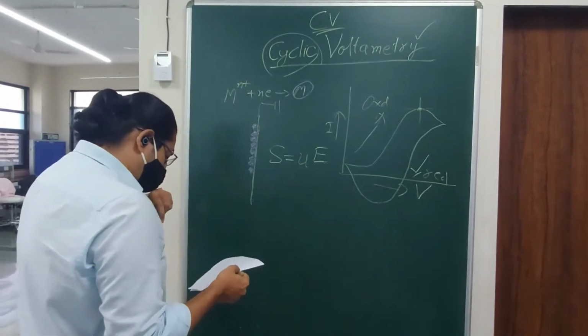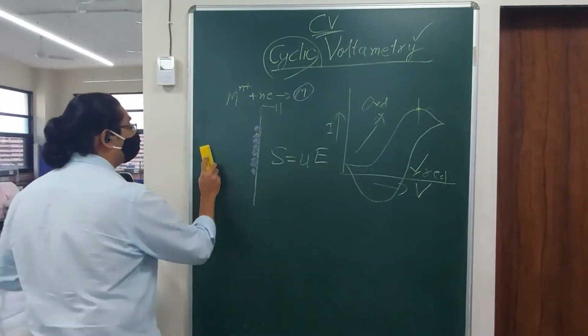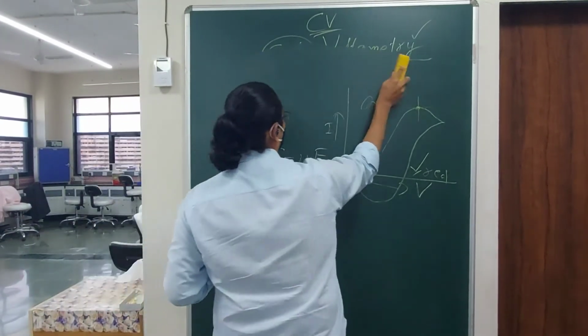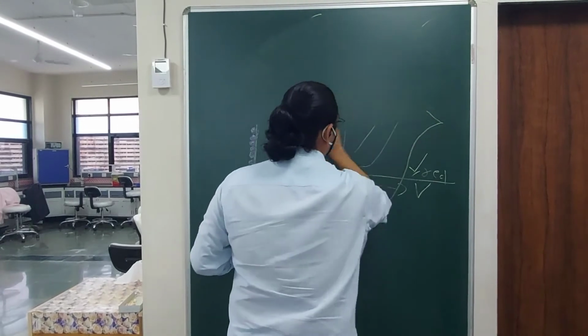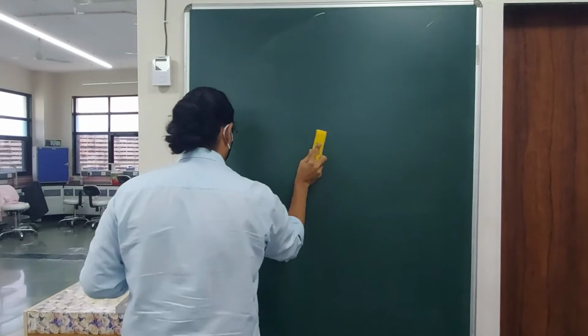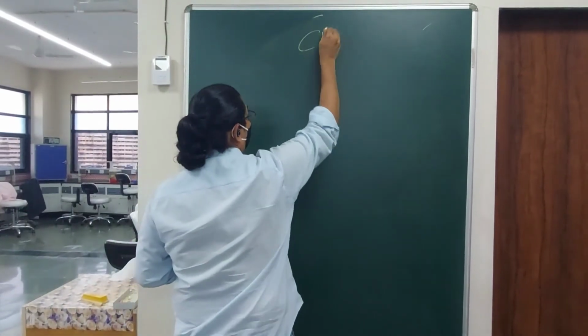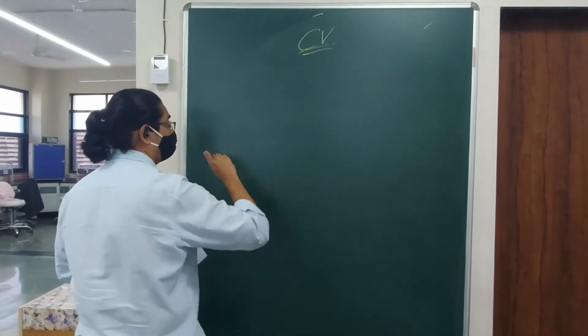Now, what are we going to do today? We are going to see a very standard system of ferrocyanide and ferricyanide, right? Let's write CV again.